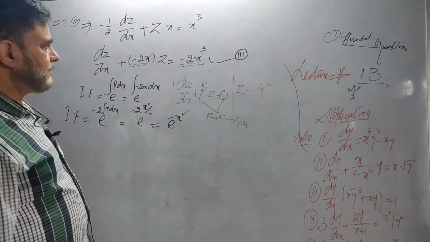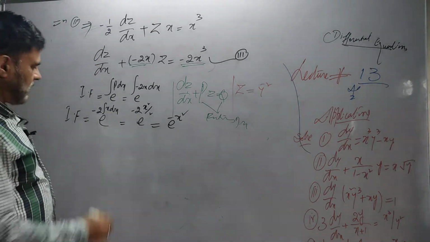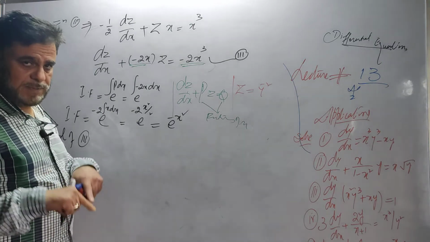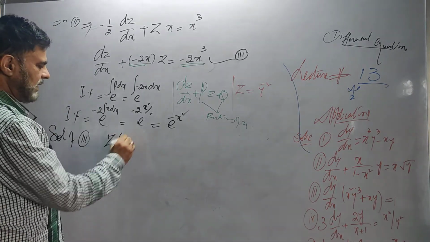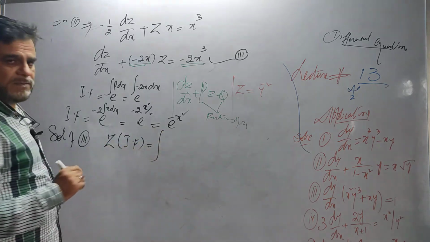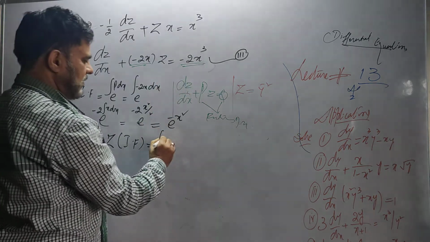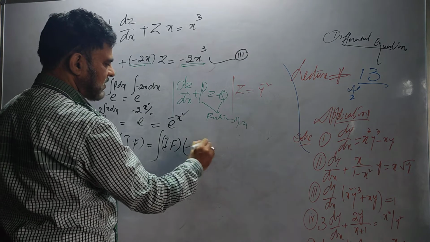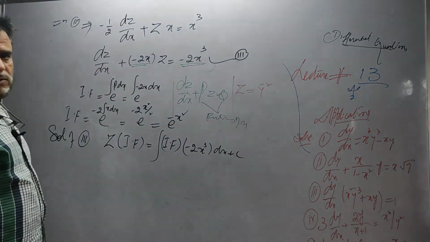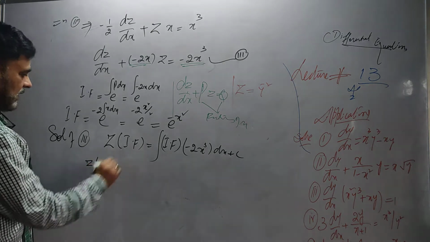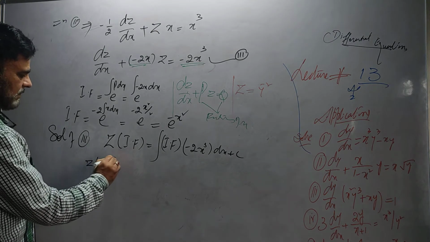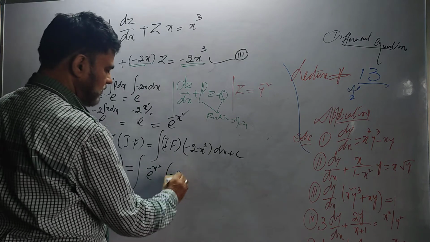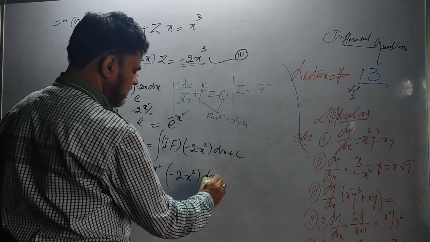Well, so according to this, what is the solution? The solution of the third equation, how do you write the solution? The dependent variable, that is z, times the integrating factor, is equal to the integral of the integrating factor times q, which is minus 2x cube dx, plus c.